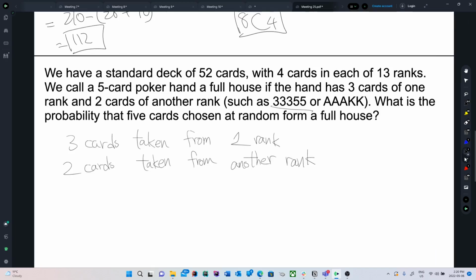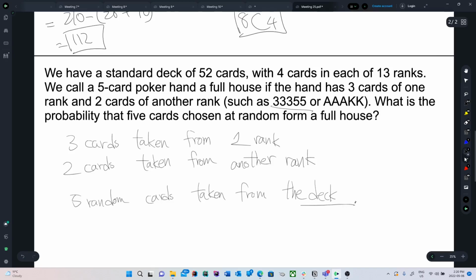And the total possibility is basically 5 random cards taken from the deck. Since we can tell the order of the cards doesn't really matter, let's solve this question this way. Let's calculate the total possibilities first.